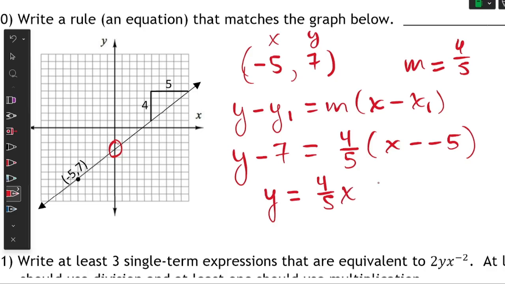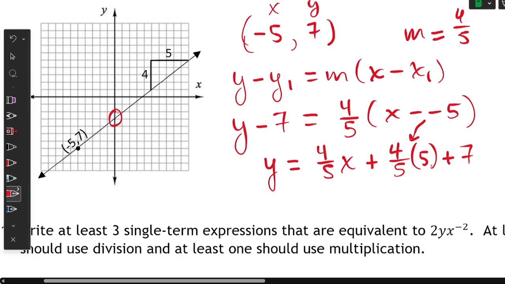And I'll just write this, and then it's going to be plus 4/5 times +5, and then plus 7 from the other side. So I did two things. I distributed the 4/5 to both terms inside these parentheses, and I also acknowledge that when I multiply this negative times a negative, it becomes a +5, and I added 7 to both sides.